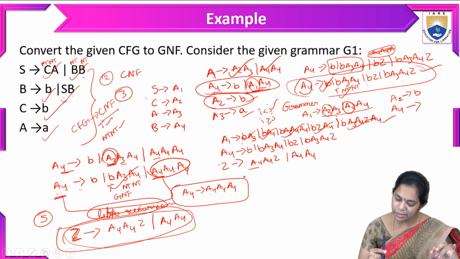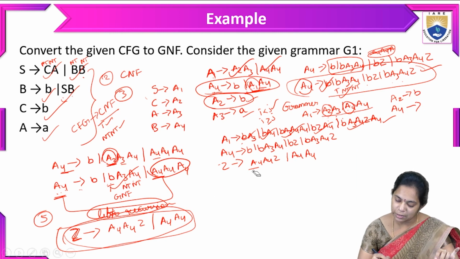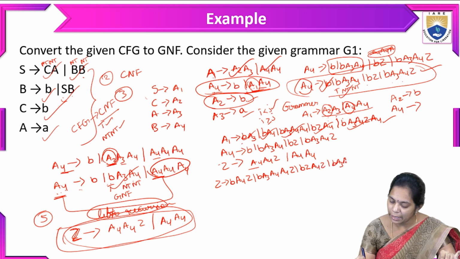We will convert this and we will substitute this A4 value in this non-terminal condition. We will get Z tends to A4. A4 is nothing but B. So here B, A4Z, B, A3, A4, A4Z and BZ, A4Z and B, A3, A4Z and A4Z.